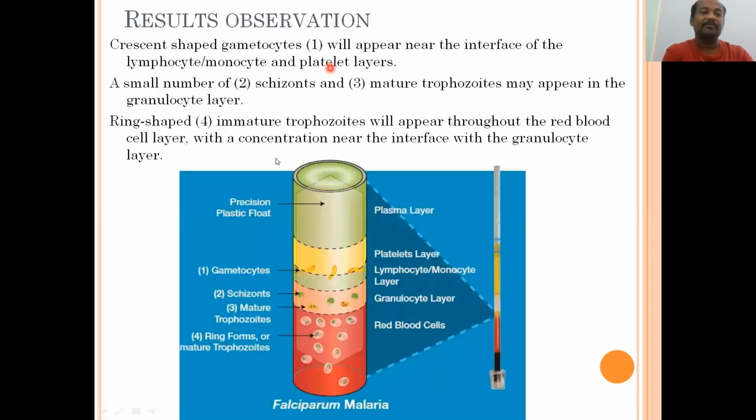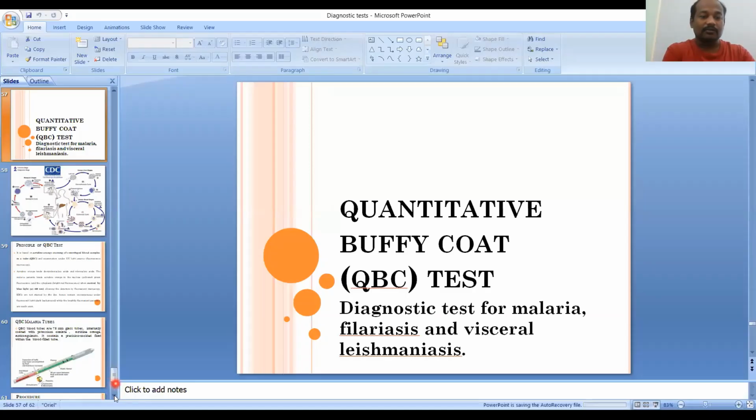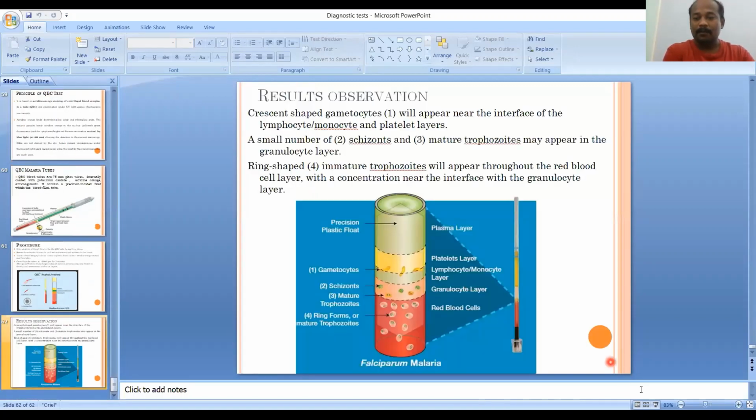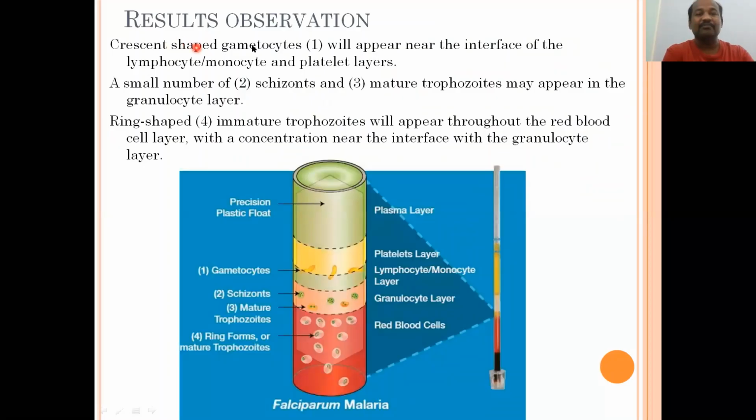Results and observation. This is the enlarged view of the float, showing the blood components. First of all, there will be crescent-shaped gametocytes.